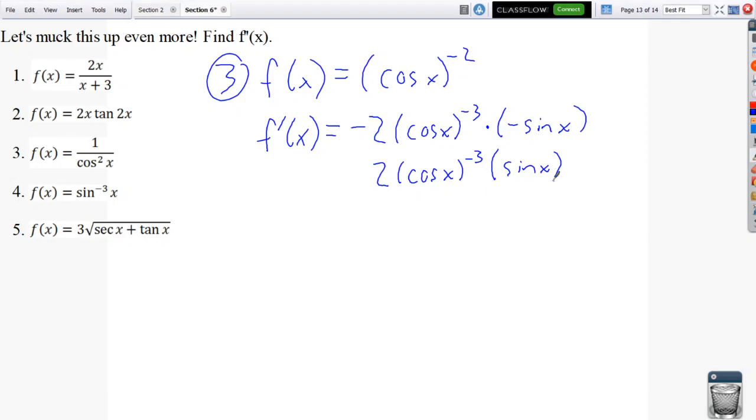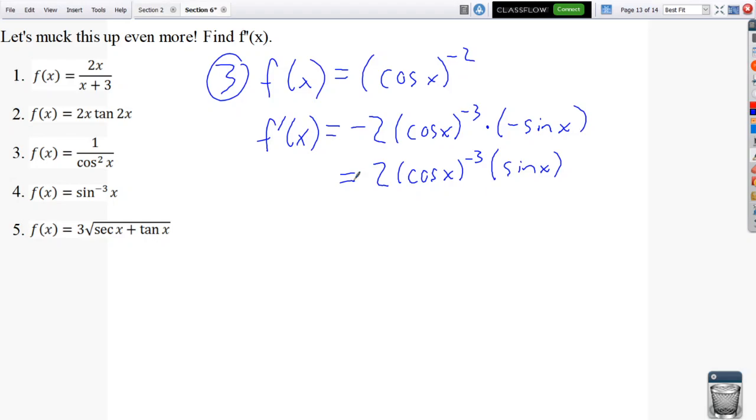All right, cool. I could even use my trig rules to simplify this some more, like that negative cubed, I can put cosine on the bottom. I'm seeing that this is looking like 2 times tangent times secant squared, if I wanted to go that route. But that's really just going to muddy things up. I'm just going to stick with this one.